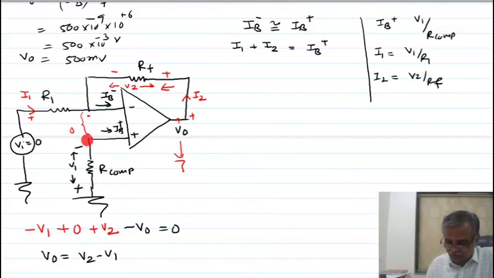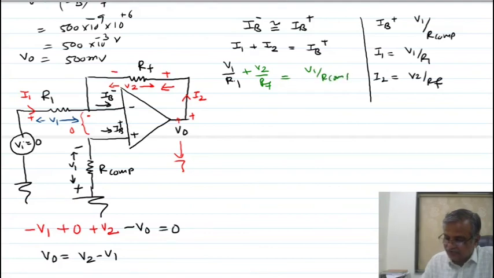Potential is 0, so this potential and this potential are the same. As a result, the voltage across this is nothing but V1. So it is V1 by R1 plus V2 by RF is equal to V1 by R compensated.